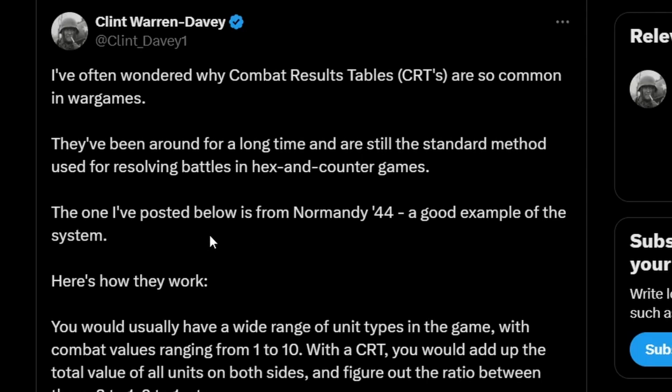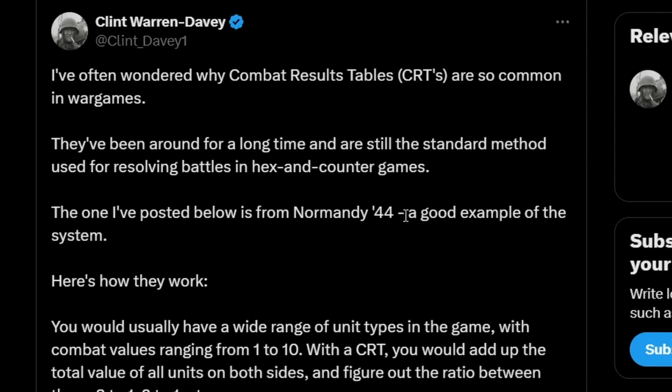The one I've posted below is from Normandy 44, a very good game. That's by Mark Simonich from GMT Games, and it's a good example of the system, and I would agree. Mark Simonich's system is very similar to Avalon Hill's. If you play late Avalon Hill games, it feels a lot like Simonich.